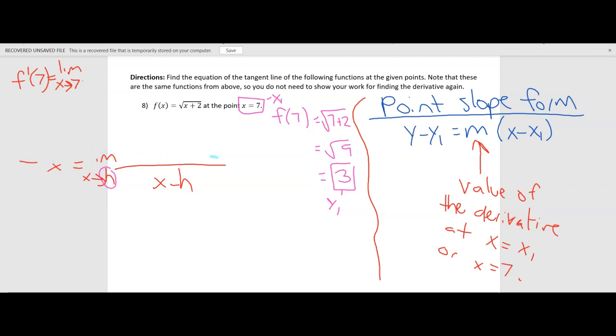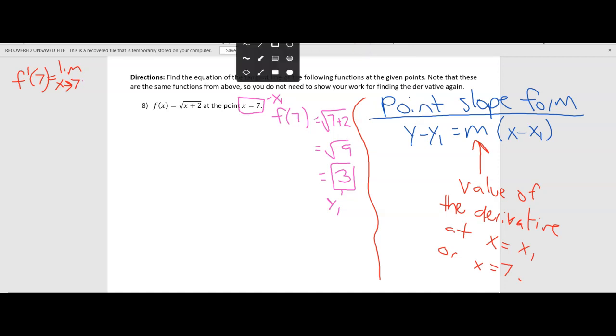All right, I'm going to get rid of this so I have maximum space. So f of x minus f of 7, not h, all over x minus 7. So let's start working through this.